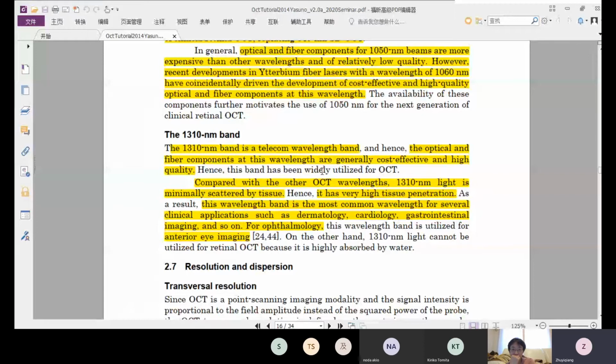It has a big advantage that 1310 nanometer light is minimally scattered by tissues. With this advantage, this wavelength band is the most common wavelength for several clinical applications and ophthalmology. Over.